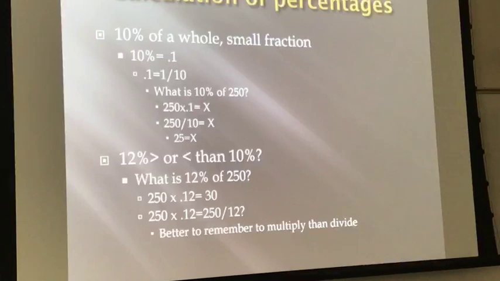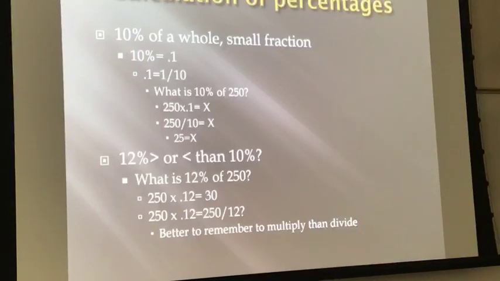All right. So if we're talking about 10% of something, and 10% is 0.1, then basically you're looking at a multiplication problem. So anytime you're multiplying by 0.1, what's your rule of thumb?